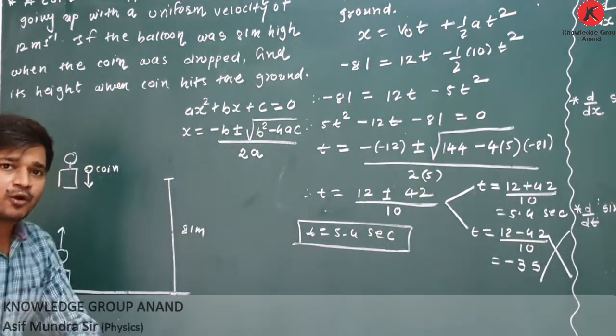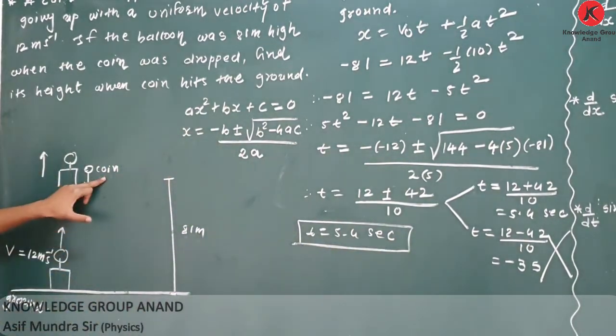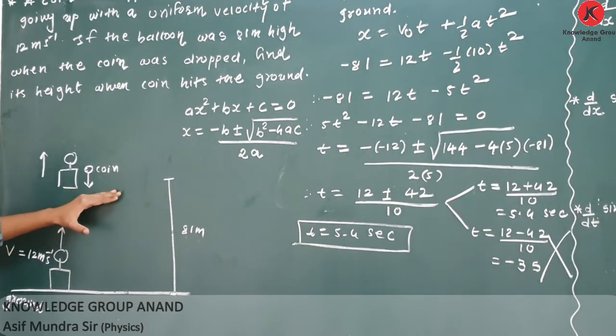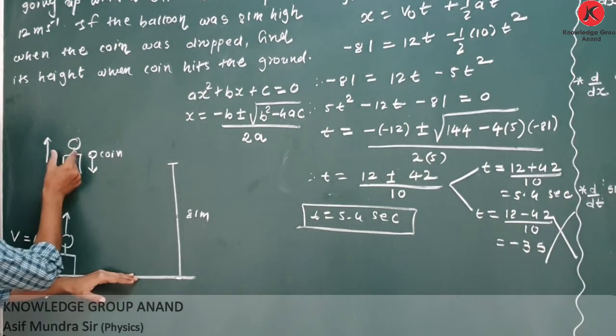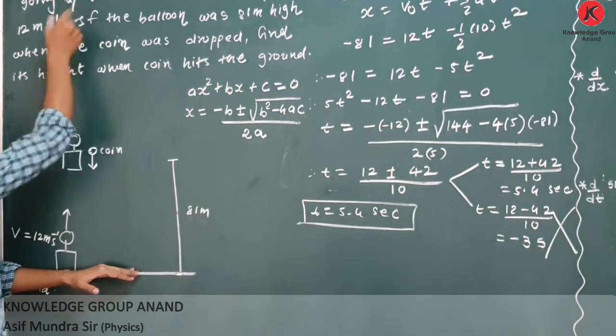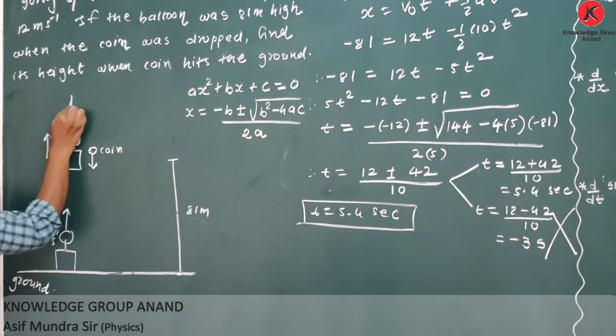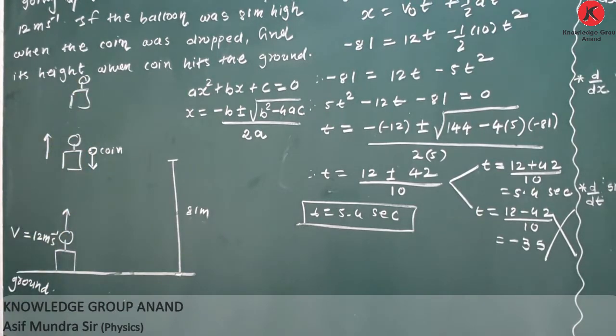Clear? So now understand, seeing the figure. This coin takes 5.4 seconds to reach the ground, and during this time the balloon is also moving in the upward direction.